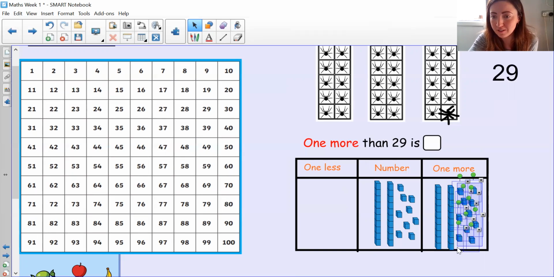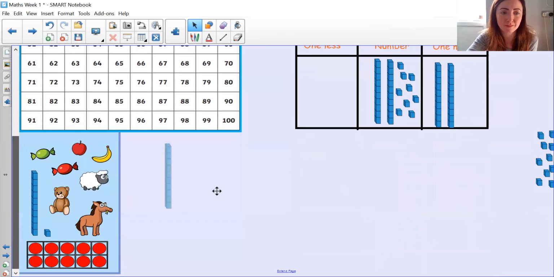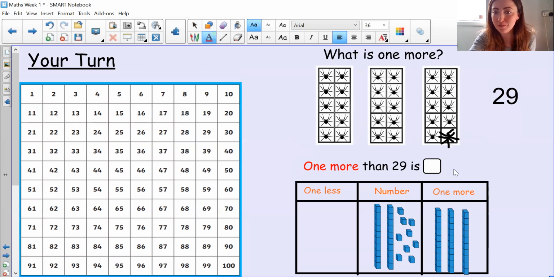Let's get rid of those and swap it for another 10. Just to the side. And that's much easier to count then, isn't it? Right, so 1 more than 29 is, that's right, 30. Did you get 30 as well?